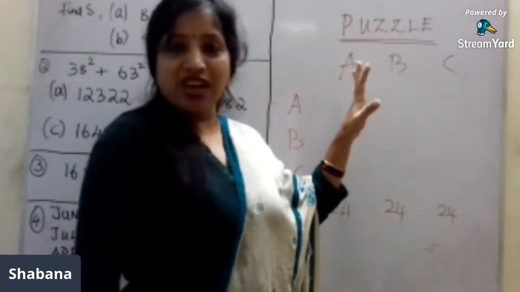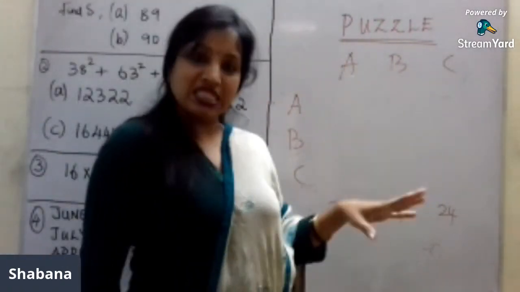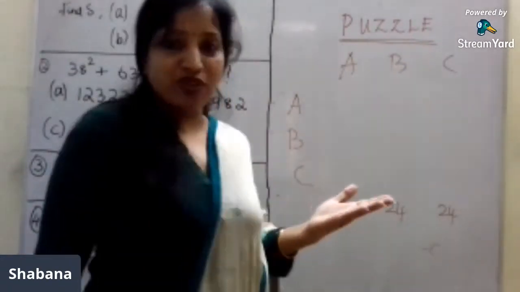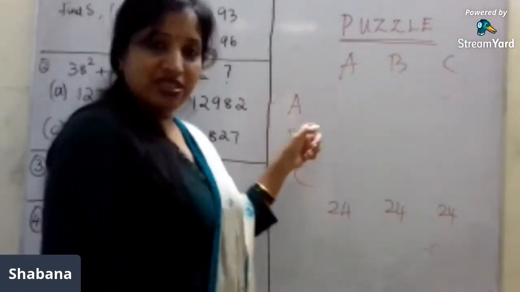We are going to start the session with the puzzle. The puzzle is all about A, B, and C. There are three farmers A, B, and C, and the transaction of tractors is what this puzzle is all about. The first turn is A's.